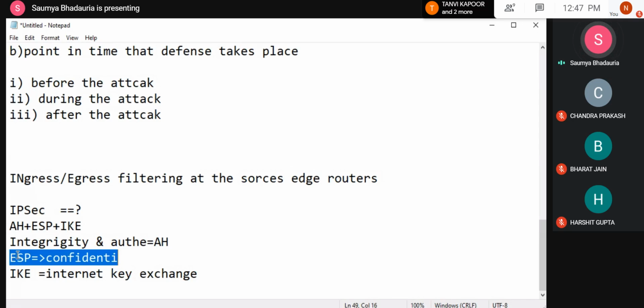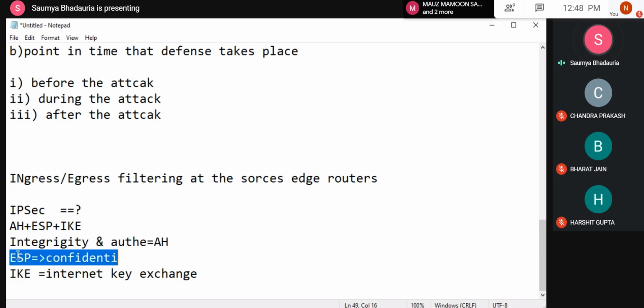So whenever two clients would like to communicate with each other, they need to agree upon certain factors so that they can send their data confidentially. For that, the concept of Internet Key Exchange has been added.